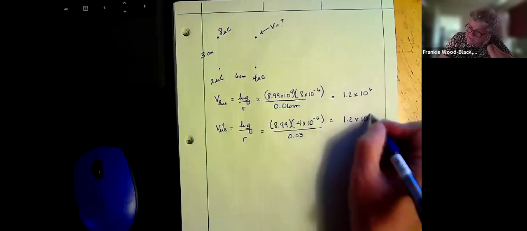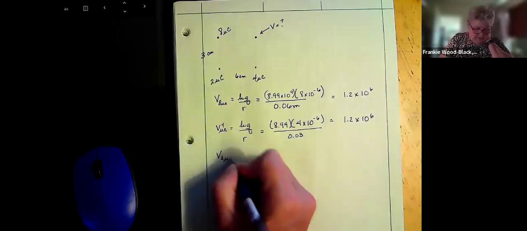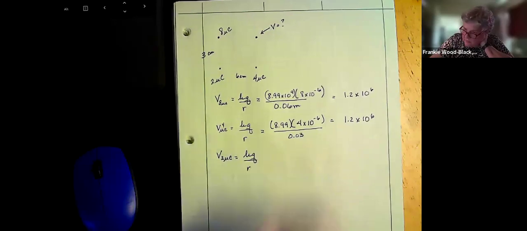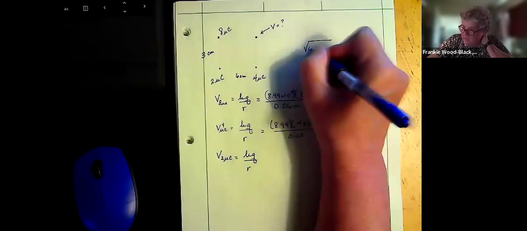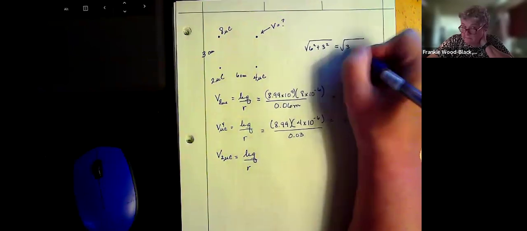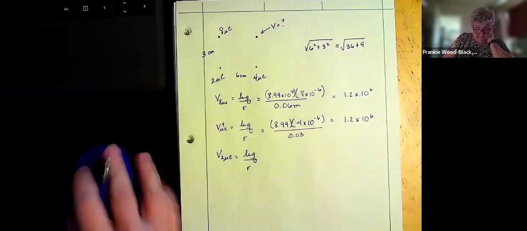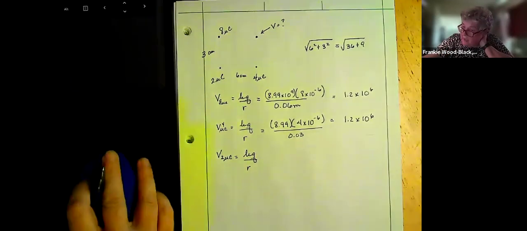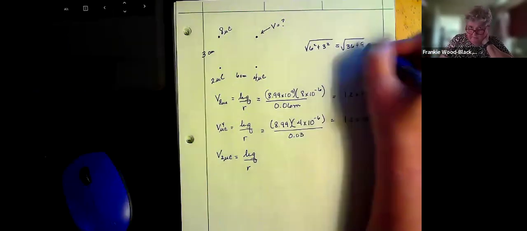Now I've got my 2 one. Now I have to figure out what R is for this one. Well, the square root of 6 squared plus 3 squared is going to equal 36 plus 9. And that's going to be the square root of 45.